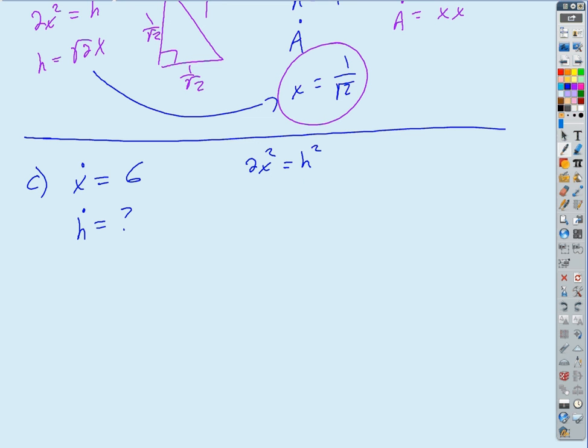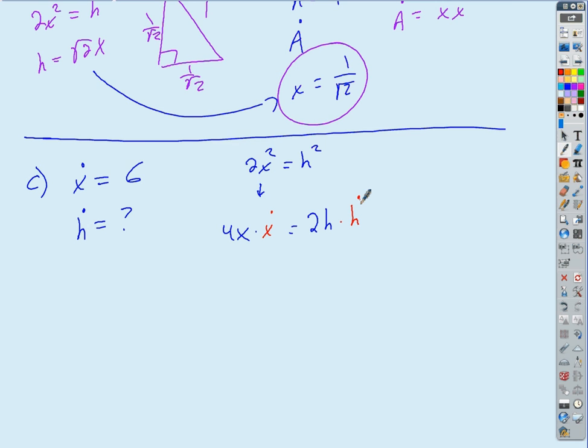Okay, and if we differentiate, what's that going to give us? On the left side, if we differentiate with respect to t, we're going to get 4 times x times x dot, right? Because I'm differentiating with respect to t, so I've got 2 layers to that derivative. On the other side, I'm getting 2h h dot, okay?